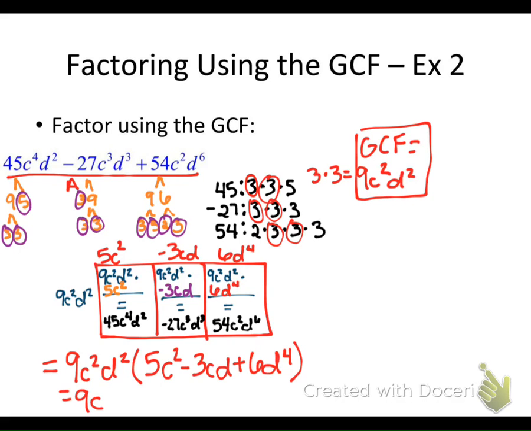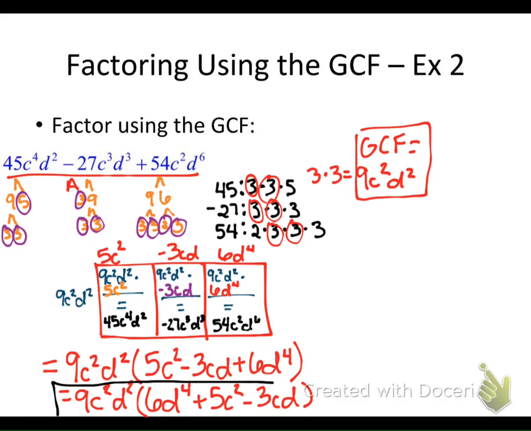So I have 9c squared d squared times, open parentheses, 6cd to the 4th, and then what's going to go next? What has the next biggest amount of exponents? 5c squared. And then I have 3cd. Close parentheses. And that's going to be my final answer.